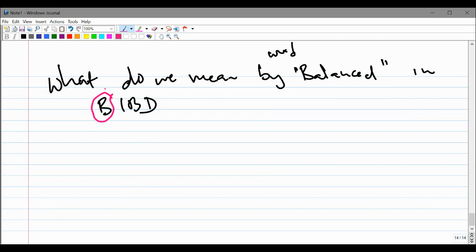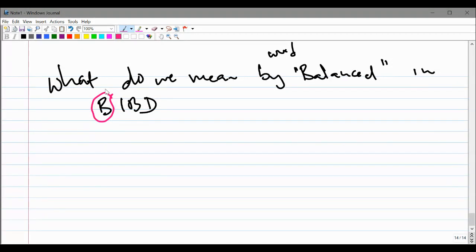The notes that I shared with you yesterday address this. Before we did an example, I indicated why we call it balanced while it has missing observations. So you will get the answer to this question from the notes that I was discussing yesterday.